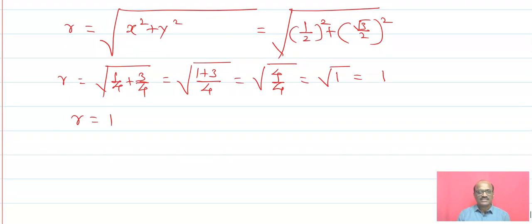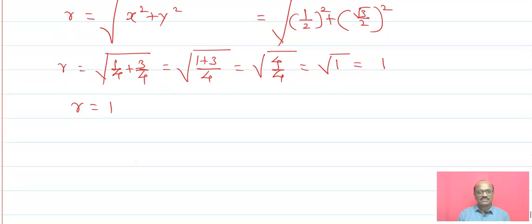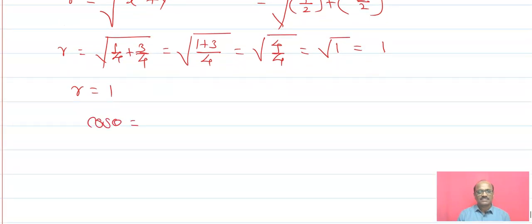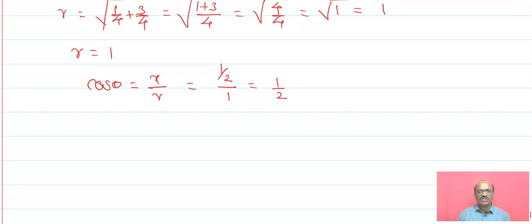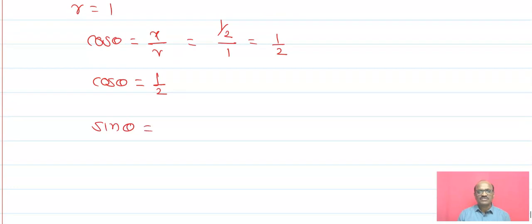Now, next is cos theta is equals to x upon r. That is 1 upon 2 upon 1, that is equals to 1 upon 2. Sin theta is equals to y upon r. That is root 3 by 2 upon 1.